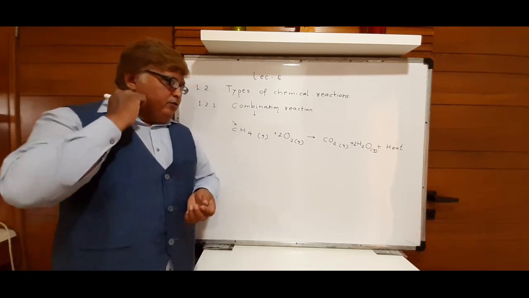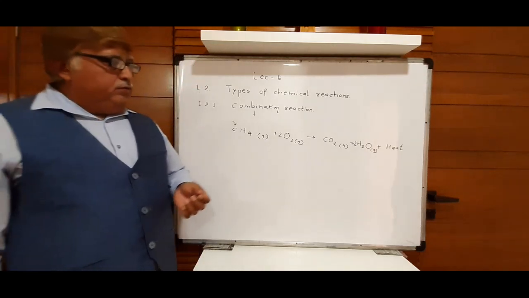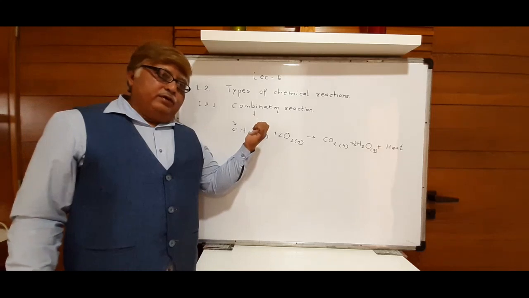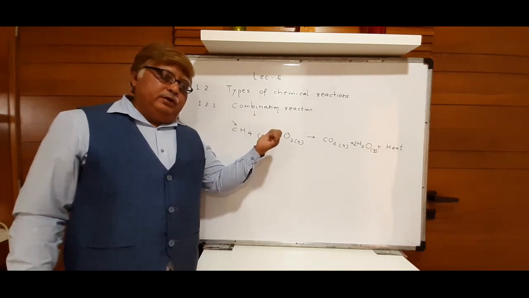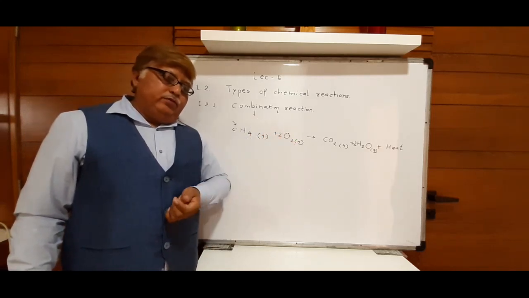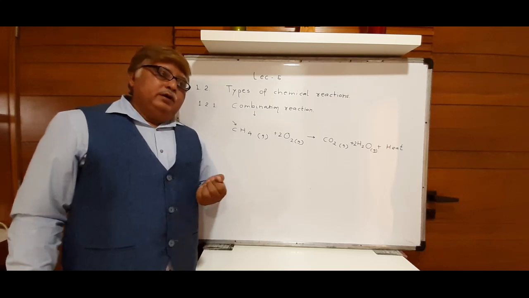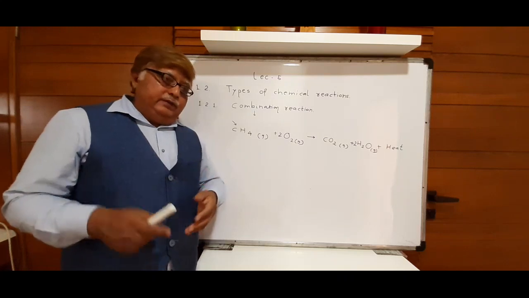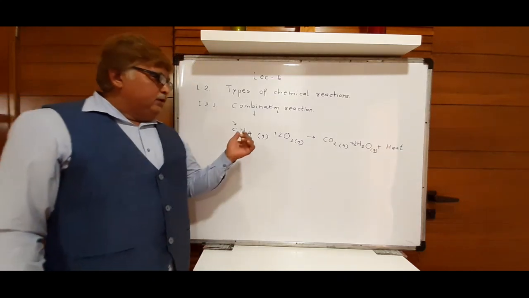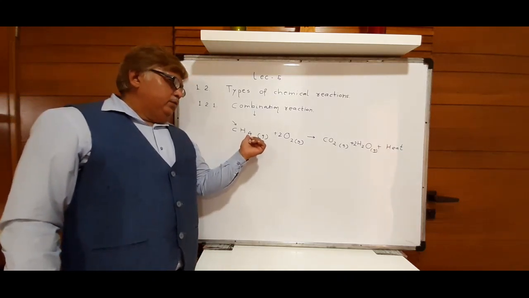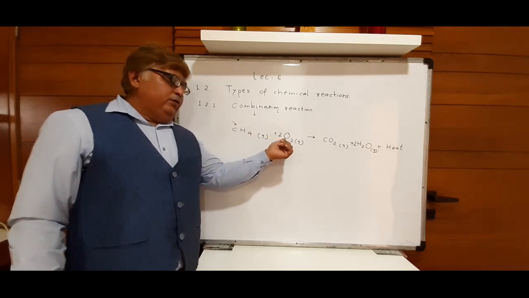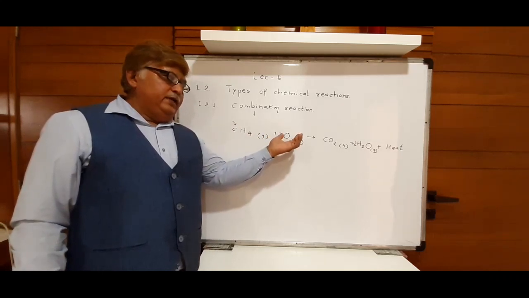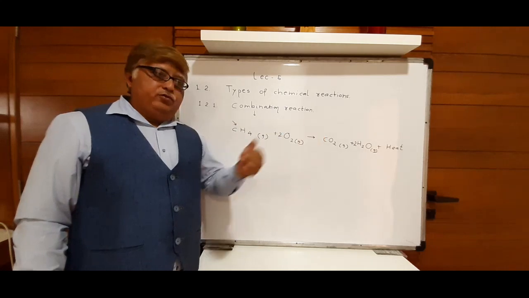For exothermic reaction, one is calcium oxide and water giving calcium hydroxide plus heat. Second, carbon: C plus O2 gives CO2 plus heat. That was also one equation. This is the third one: methane, when it burns, combines with oxygen and the products are CO2, H2O and heat.